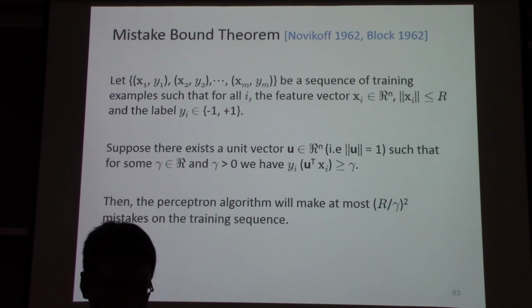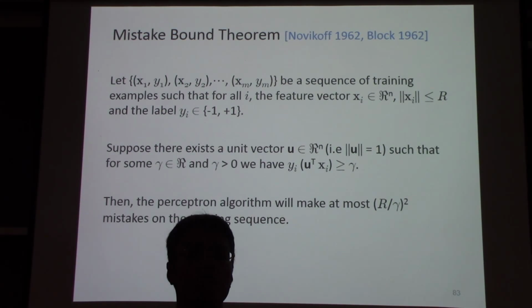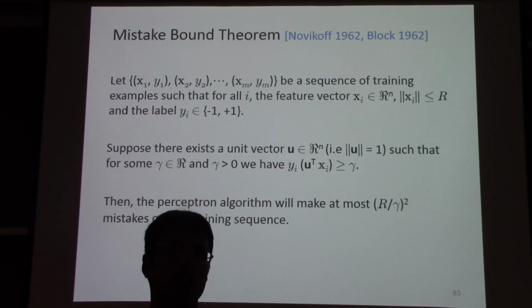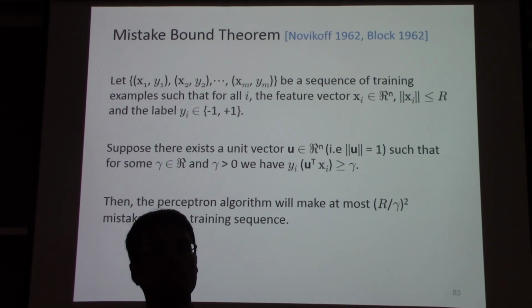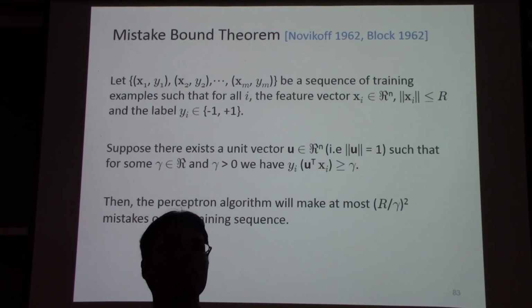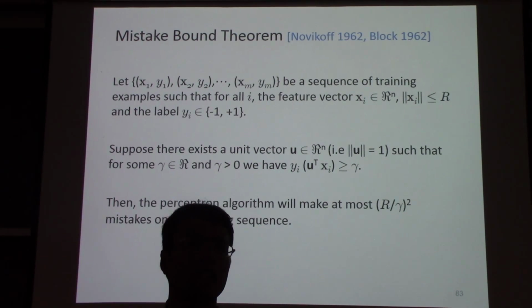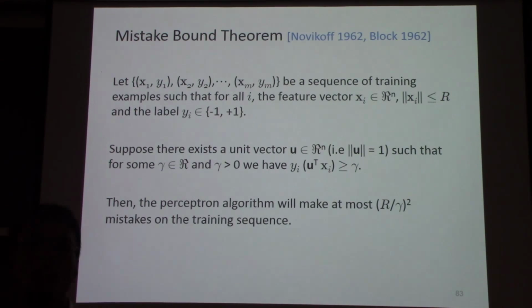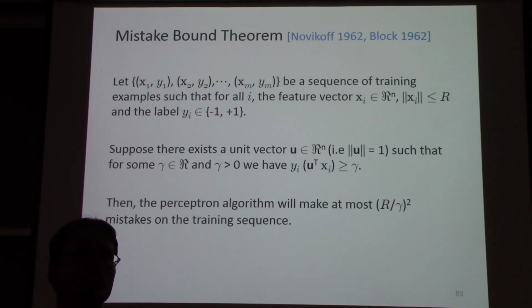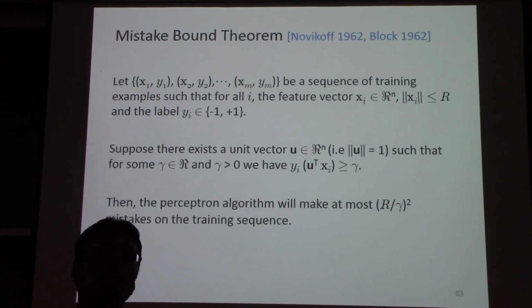A linear threshold function is simply a function of the form the sign of W transpose X plus B, for any X. Because you know the equation of a line, it's just dot product W dot X plus B, this means that the decision boundary is a line or a plane.